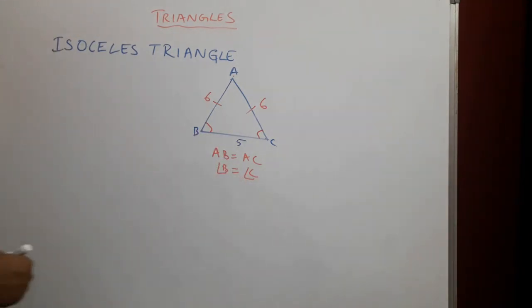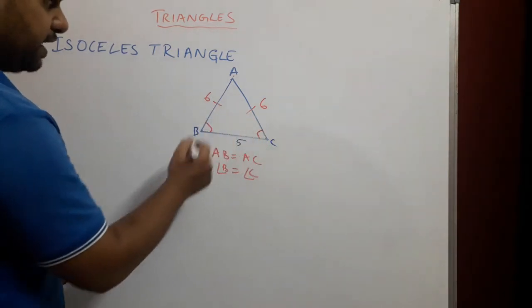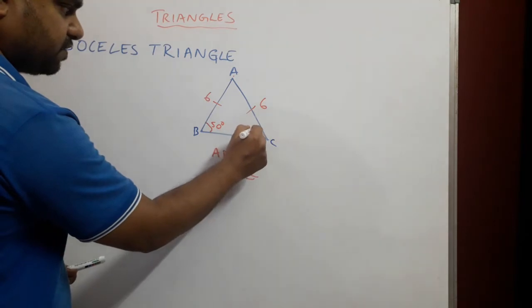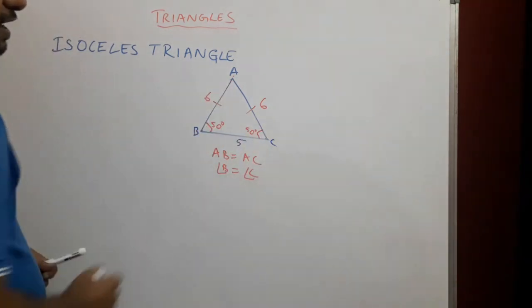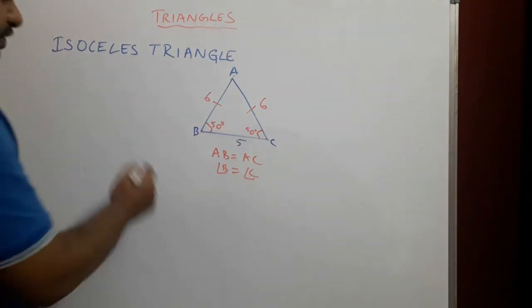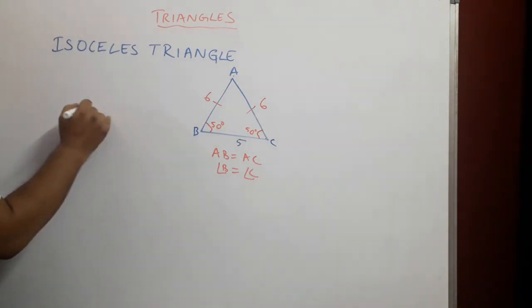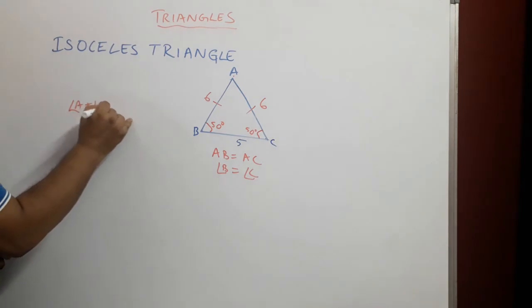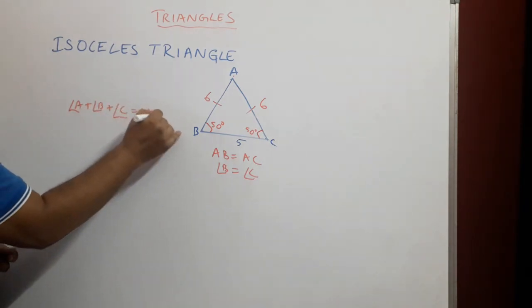So if, let's say, the equal angles are 50 degrees each, then the third angle will be the remaining, because we know the sum of the angles of all three should always be equal to 180 degrees.